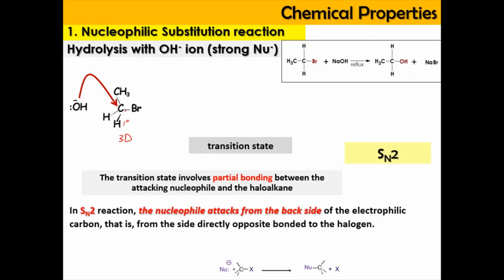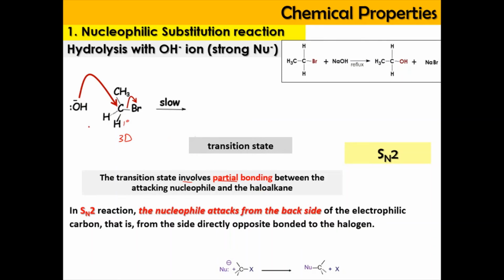This causes the breakdown of the C-Br bond where the 2 electrons will be transferred to bromine. And this is a slow step reaction. And as mentioned, we need to show our transition state. So the transition state involves the partial bonding between the attacking nucleophile and the haloalkane.